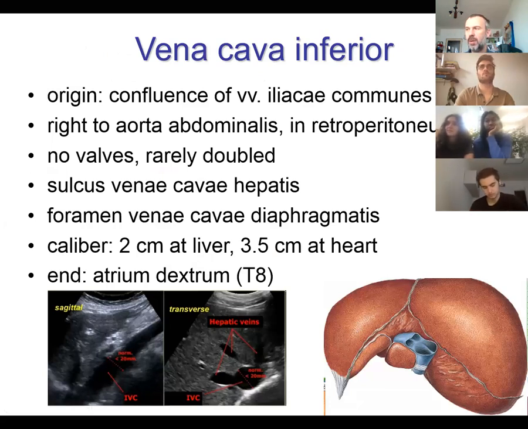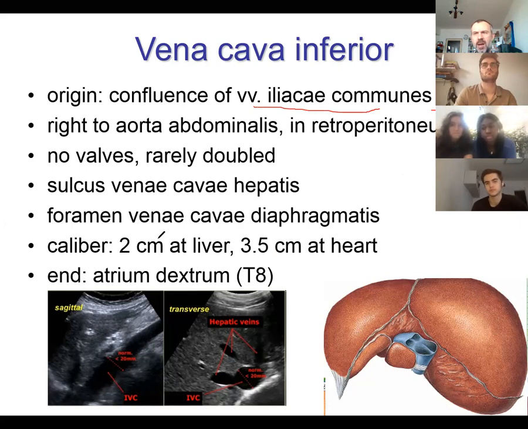Then we continue into the abdomen, inferior vena cava. Inferior vena cava, very complicated embryological development. Yeah, it develops from 4 different veins, and I leave this for embryology. But the anatomy is quite easy. Yeah, it originates at the level of L4 by confluence of common iliac veins.